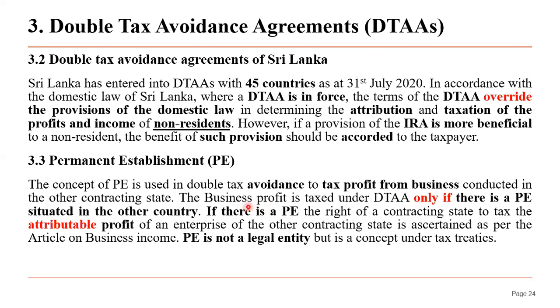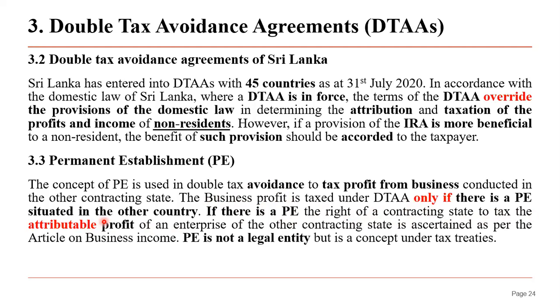The business profit, if they are conducting business, is taxed only if it becomes a PE. If there is a PE, the right of the contracting state to tax attributable profit.